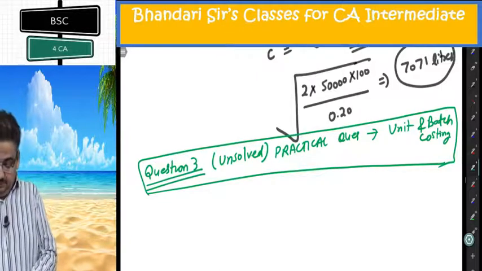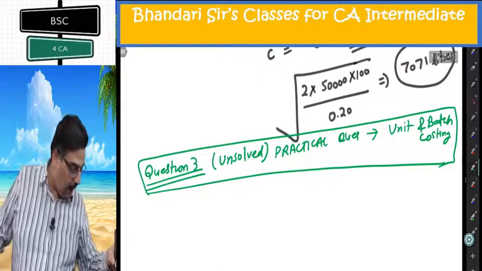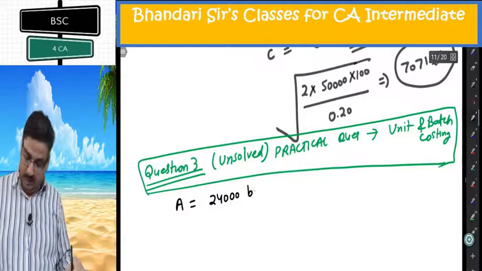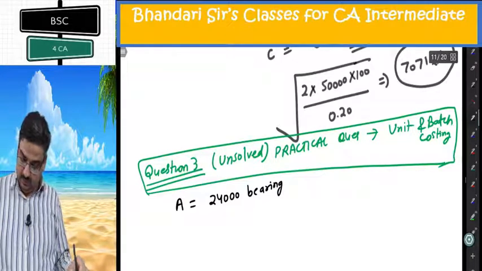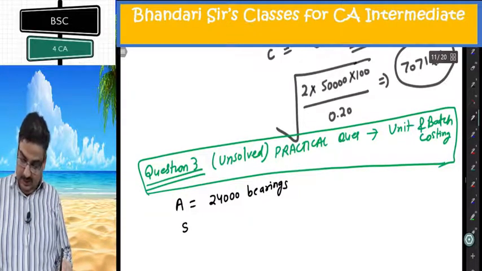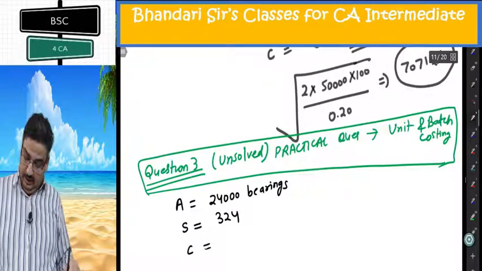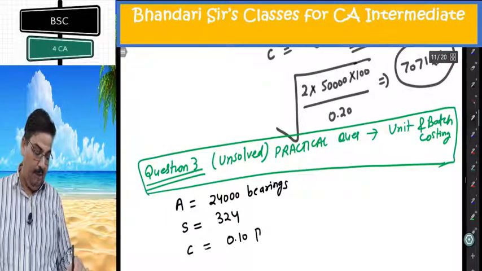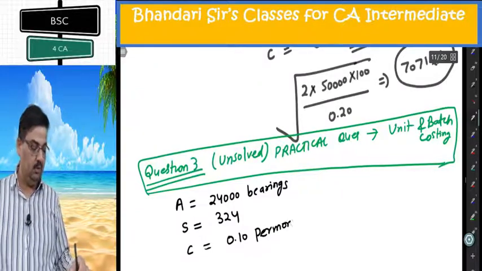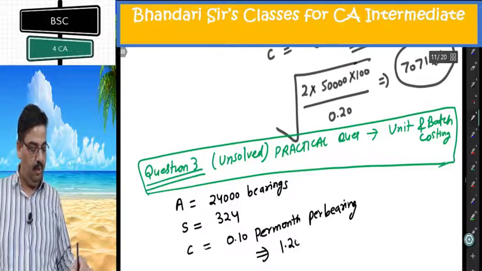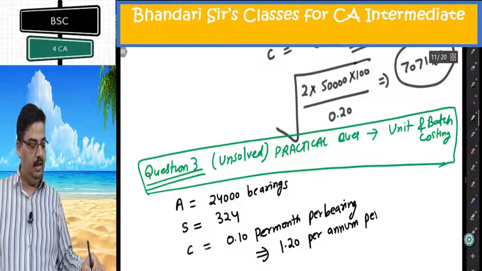Third says annual requirement 24,000 bearings. Setup cost per run 324. Carrying cost is 0.10 per month per bearing, which implies 1.20 per annum per bearing.